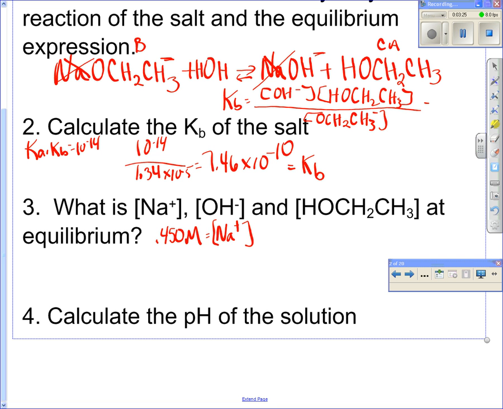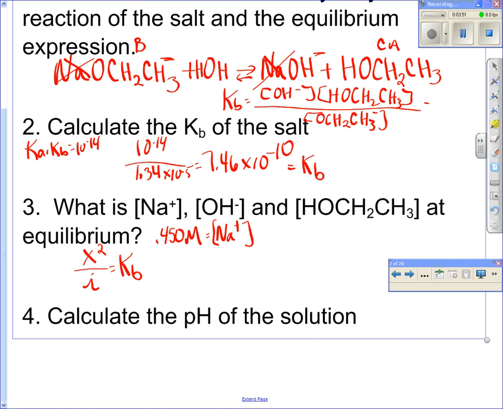But the OH minus and the propionic acid are going to change. I'm going to use pretty much a RICE table, but remembering that we can just do x squared over initial is equal to Kb, remembering that we are looking for a base, and so the OH and the propionic acid are both going to be x. So I just need to solve for x.